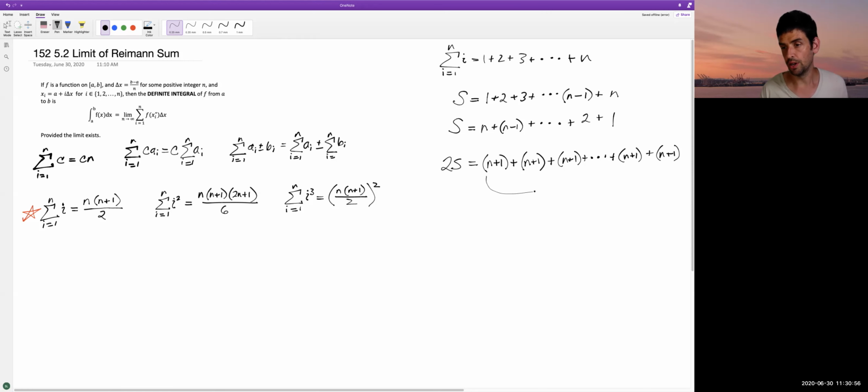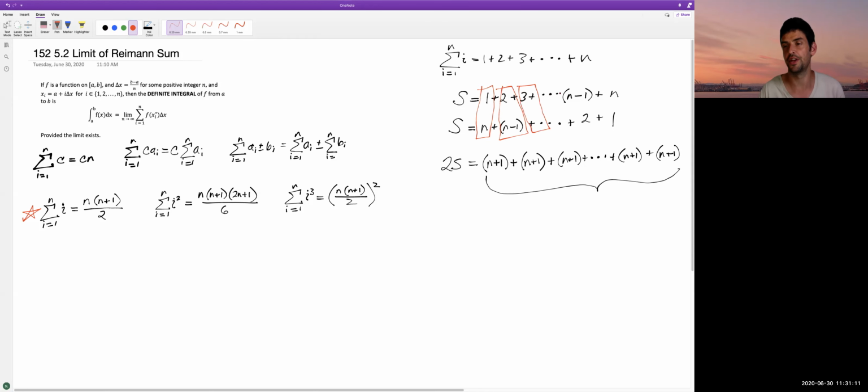Well, how many of these do I have? I got one when I added up these two. I got one when I added up these two. I got one of them, right? The next term's not there, and on and on. So I could just count. I have one of them, two of them, three of them.